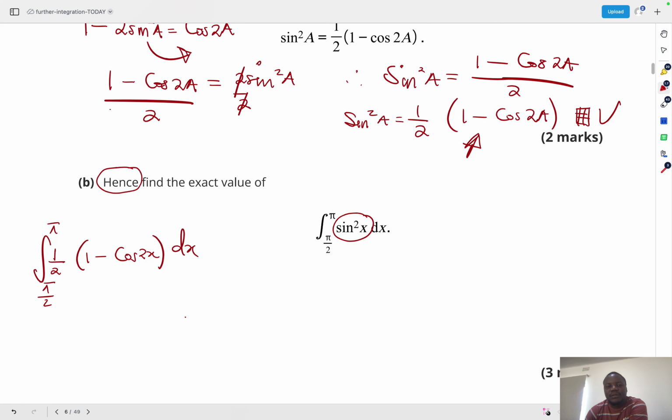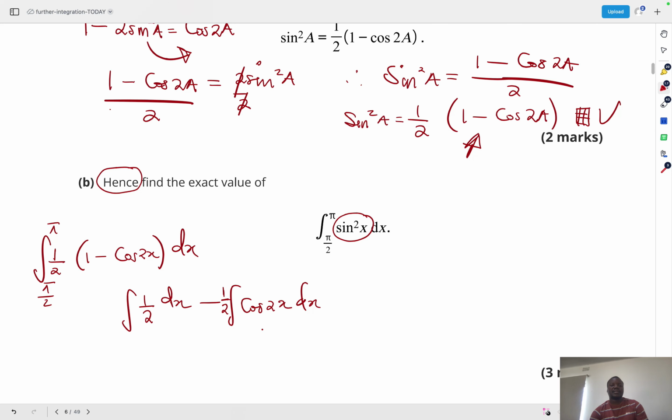A very good thing. So what we just need to do here, you can do this in two different ways. You can decide to expand the half here to mean you are integrating the half, and then the minus, so half dx minus the integral of cos 2x dx, with another half there, if you choose to go that way.